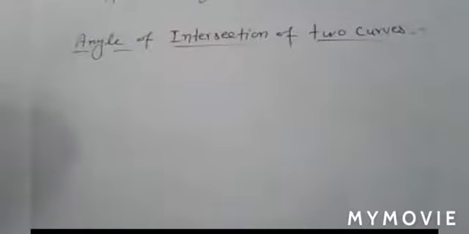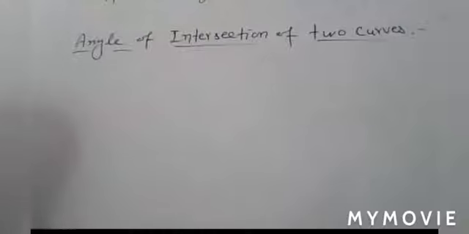How is it defined, or how can you find the angle between the two curves at the point of intersection? The angle of intersection of two curves is the angle made between the two tangents to the two curves at their point of intersection.